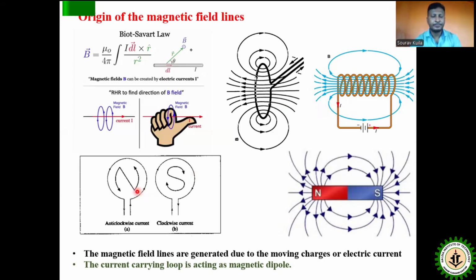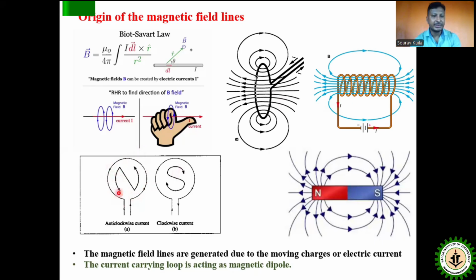There is a convention that a north pole is produced when the current flows anti-clockwise in a circular loop.